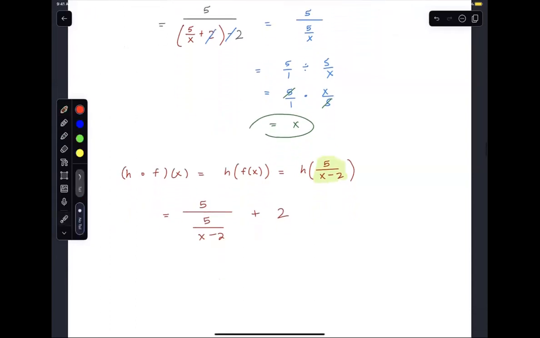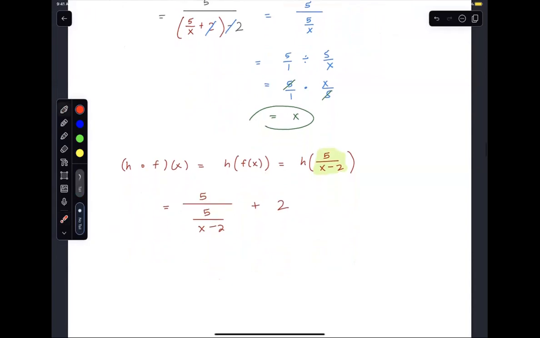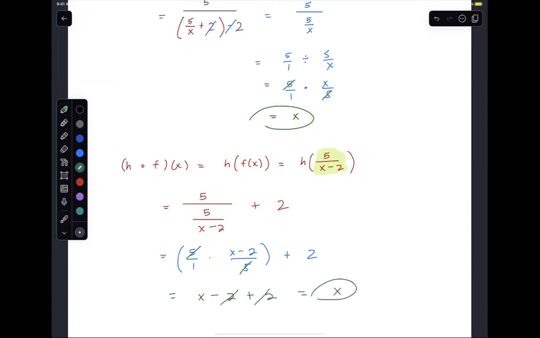So I can think about this the same way as the last one. I have a complex fraction. So I'm going to take this guy and multiply it by the reciprocal of this fraction. So this is going to equal 5 over 1 times x minus 2 over 5, and then all of that plus 2. Cross cancel these. So I'm just left with x minus 2 divided by 1, which is just x minus 2, plus 2, which is x.